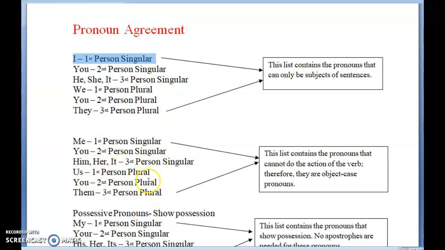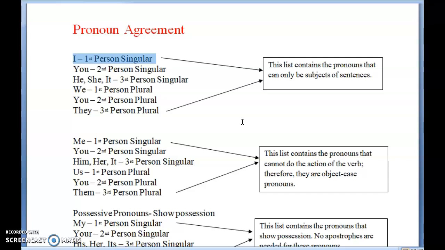The second list is a group of pronouns that act as the objects of the sentence or the clause. And as you can see, you have you and it in both lists. So you and it are the only two pronouns that can be both object case and subject case.